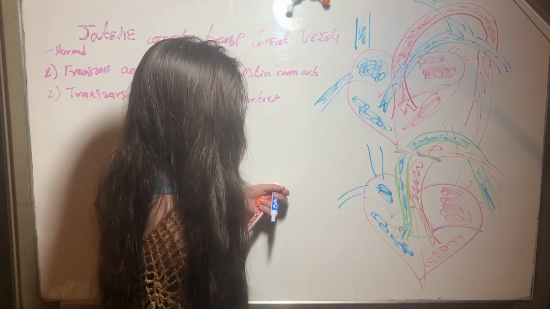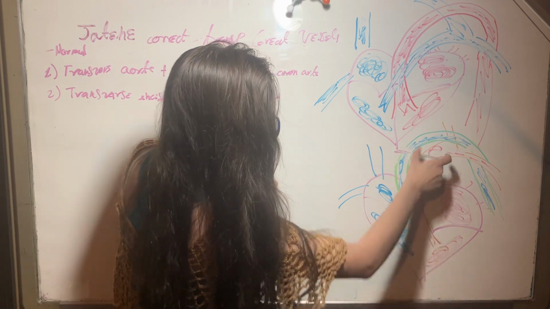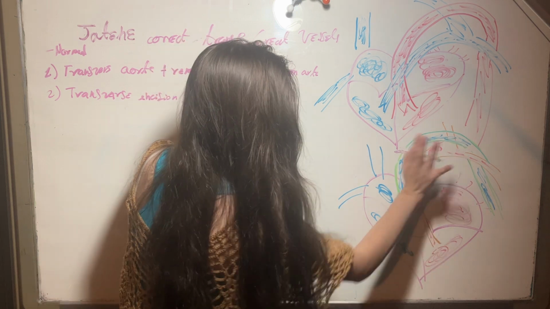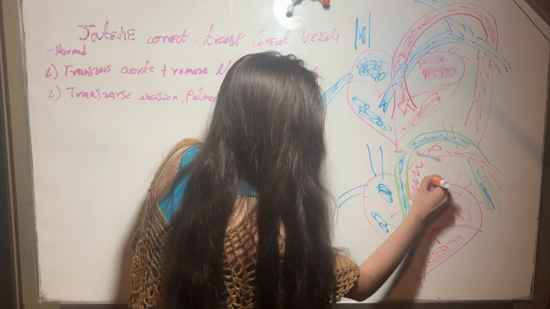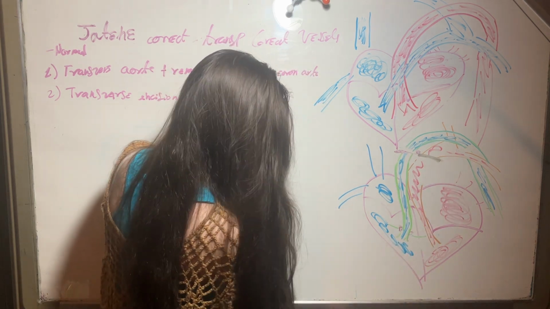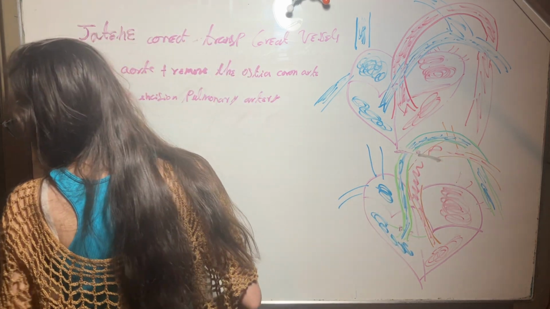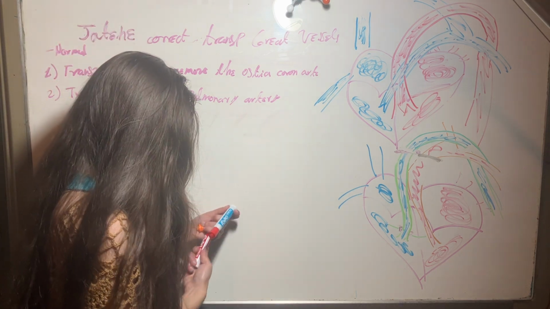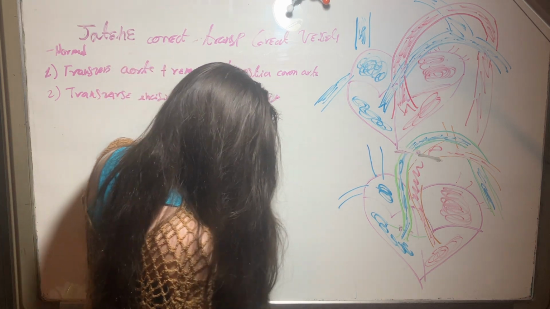And now I'm going to separate the color of the proximal pulmonary artery and the distal pulmonary artery. All the pulmonary artery has oxygenated blood. The proximal pulmonary artery I still leave with orange color, and the distal pulmonary artery goes in, let me see if I have purple.